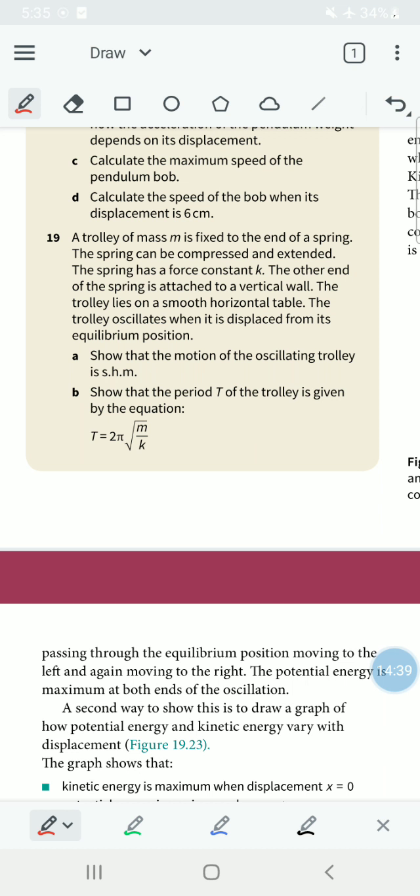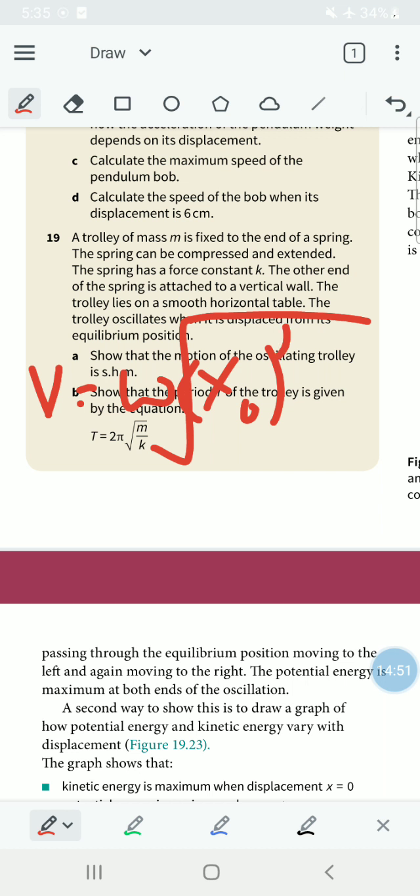So the equation that you have to use is V equals omega times the square root of xo squared minus x squared, right? So then you substitute the values.